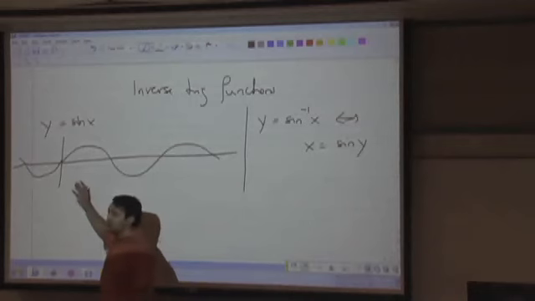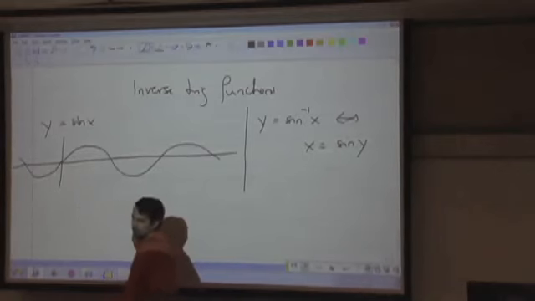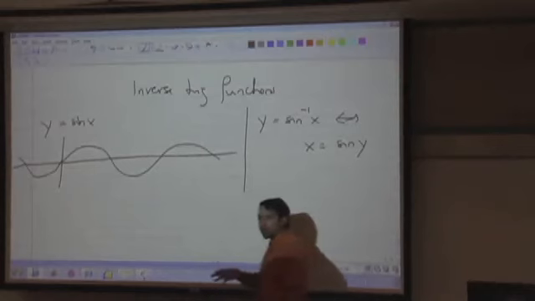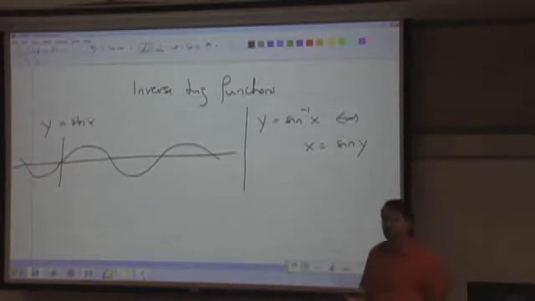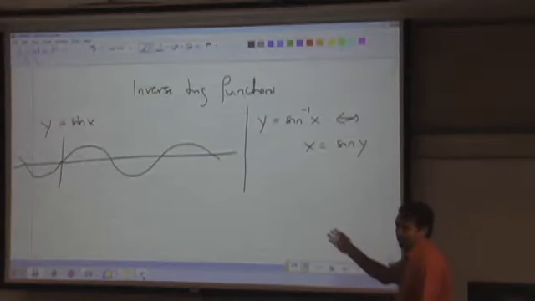Also, graphically speaking, and that's actually the simplest way to think about it, a function is 1 to 1 if it passes the horizontal line test. An expression is a function if it satisfies the vertical line test, right? Everybody remembers that? So if it satisfies the horizontal line test, then it's a 1 to 1 function. Would this be a 1 to 1 function?